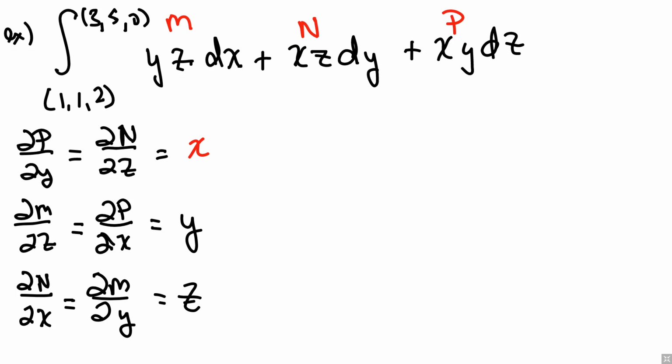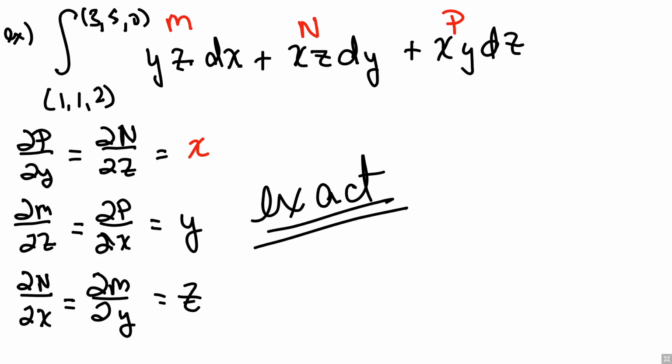Okay, so now what I need to do is solve this. Since I know this is exact, the method that I just used to come up with the potential function is the method that I'm going to go through. So I'm going to start off with the partial of f with respect to x.